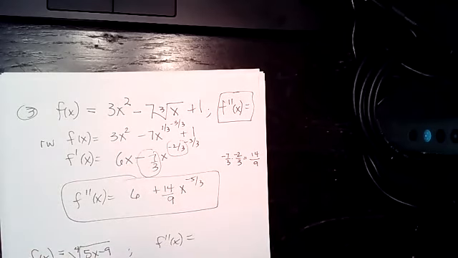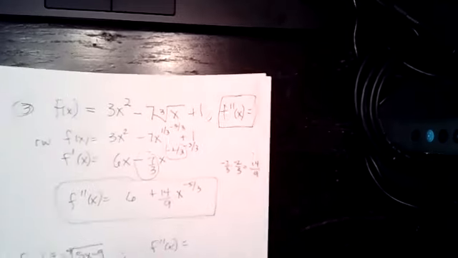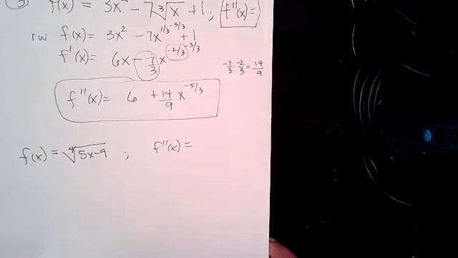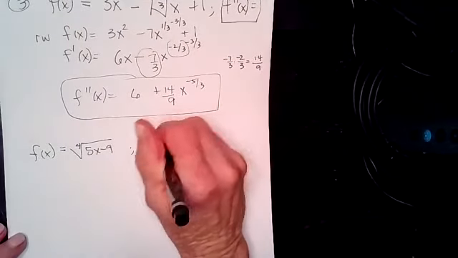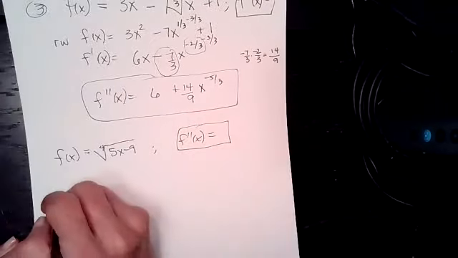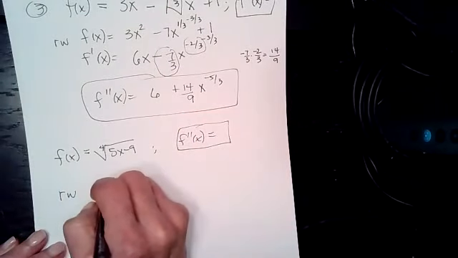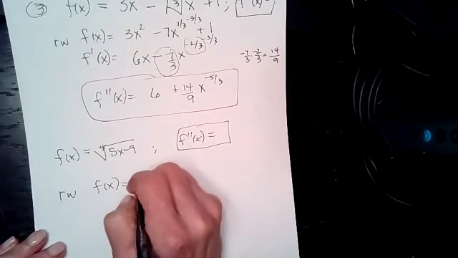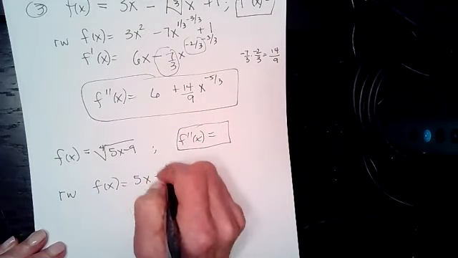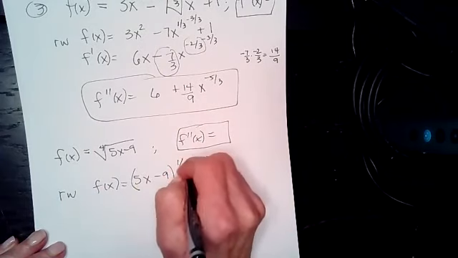So that's it. All right, getting a little bit harder. They still want the second derivative, but I have to rewrite this original function as 5x minus 9 to the 1/4 power.